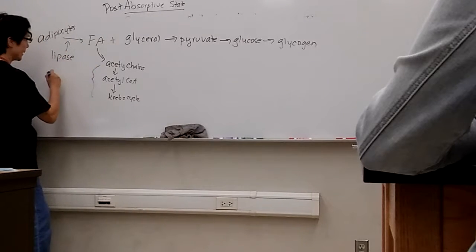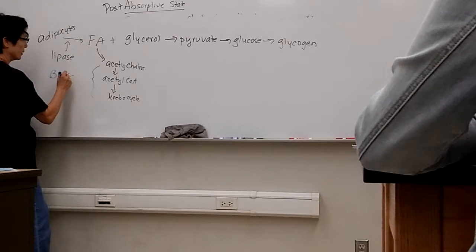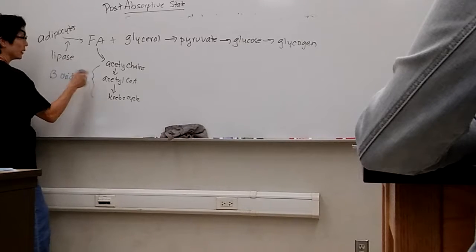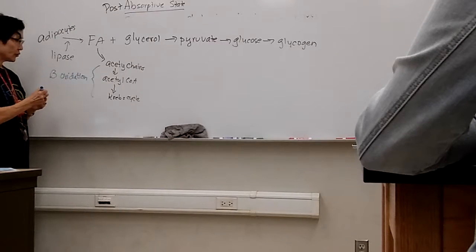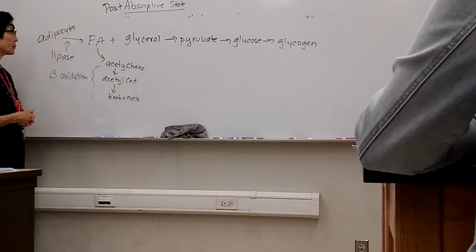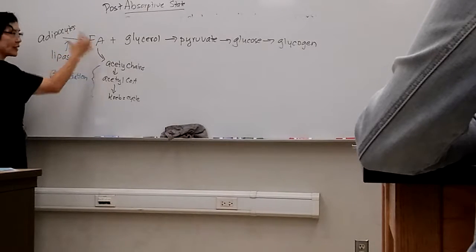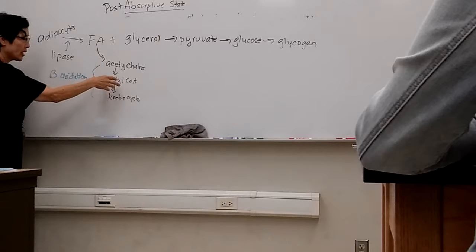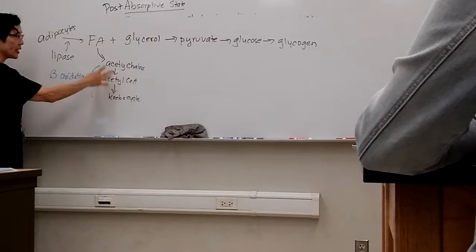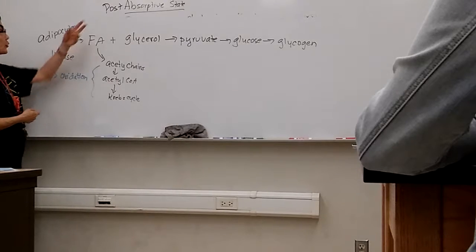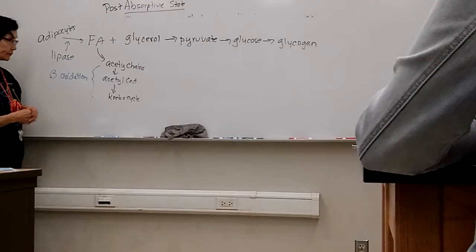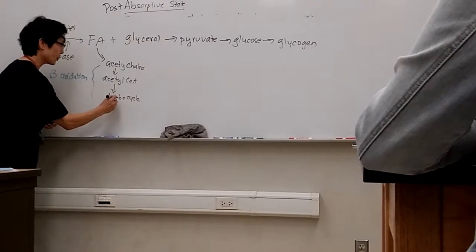This part right here is called beta oxidation. So I've simplified it. There's a number of steps in here. CO2 is involved a little bit, but basically the fatty acids are broken down to little 2-carbon chains and converted into acetyl coenzyme A, and then we'll go to the Krebs cycle to make ATP because we're post-absorptive. Once we go in the Krebs cycle, we want to make ATP through chemiosmosis.